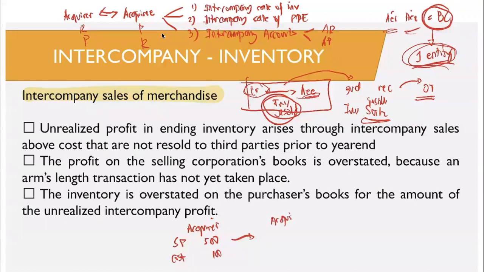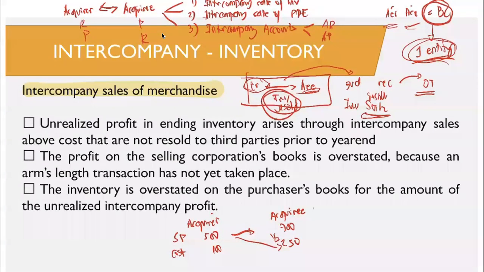The acquiree only sold half of that, so 250, let's say for 700. So the acquirer sold to the acquiree inventory costing 100 for 500. In return, the acquiree sold 250 for 700.